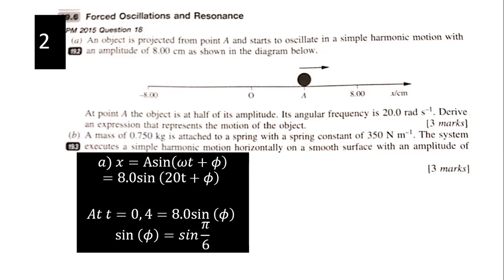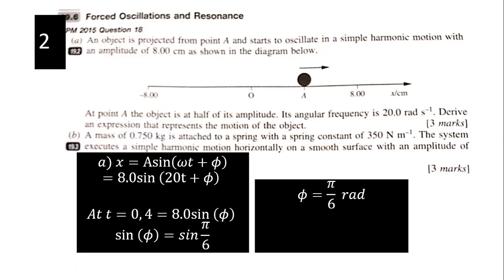You should know your half. Half is 30 degrees. 30 degrees is pi over 6. So your phi is pi over 6. Now write the general equation.